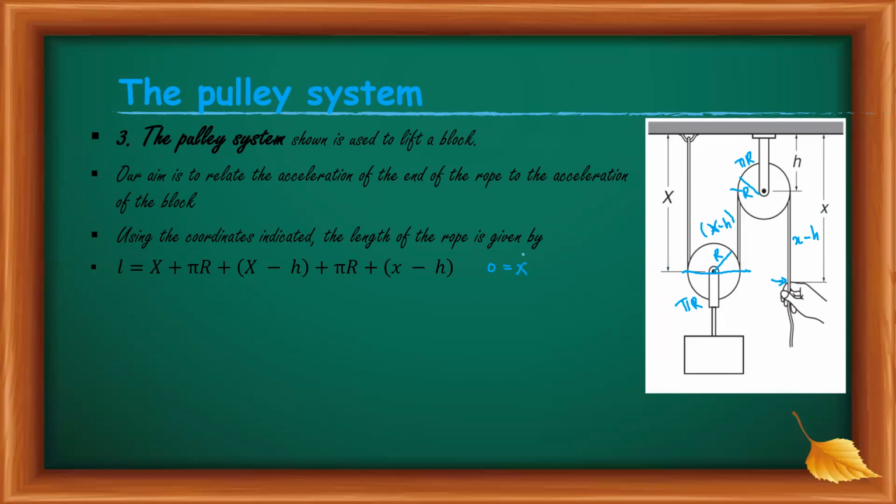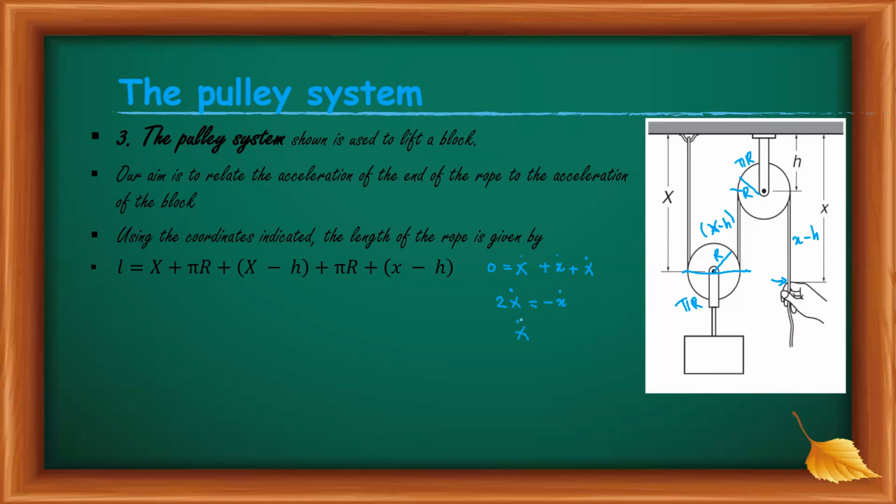X dot plus x dot, here it is capital X dot, and here is small x dot. Then 2x dot is equal to minus X dot.